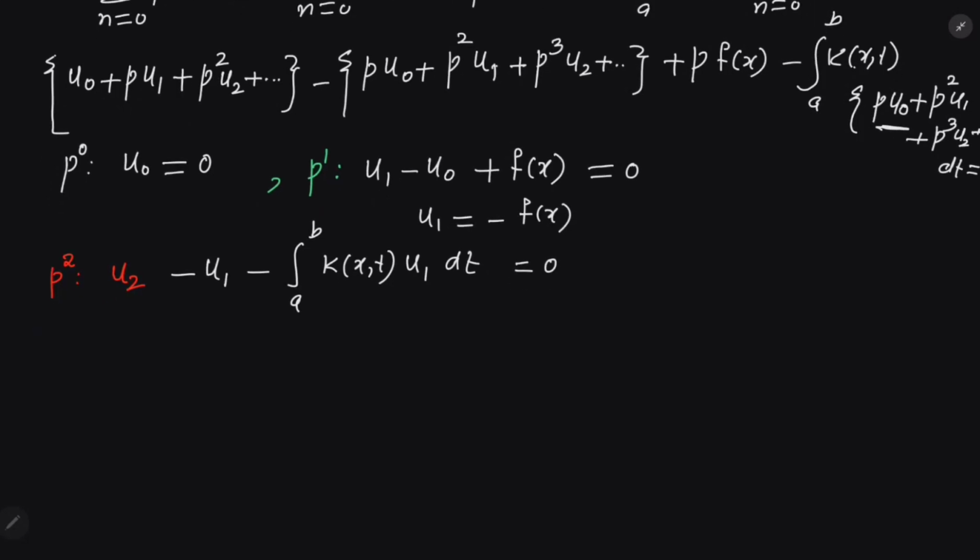From here we have u2 = u1 plus ∫ from a to b k(x,t) u1(t) dt. Here we have all the terms.